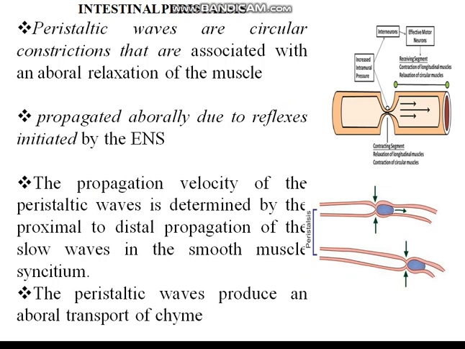Intestinal peristalsis is a mechanism for propulsion of food materials from the intestine to the colon. So periodically, a contractile ring appears around the gut and moves the chyme a short distance distally.